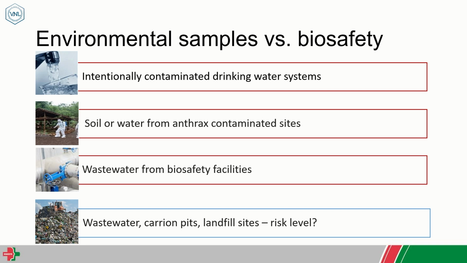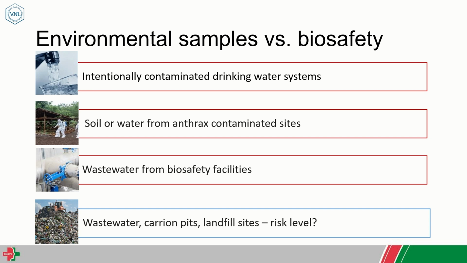Drinking water is very vulnerable because if intentionally contaminated, the contamination can affect a very large population, and it can lead to a severe public health threat. So it is not a risk that we can completely exclude.